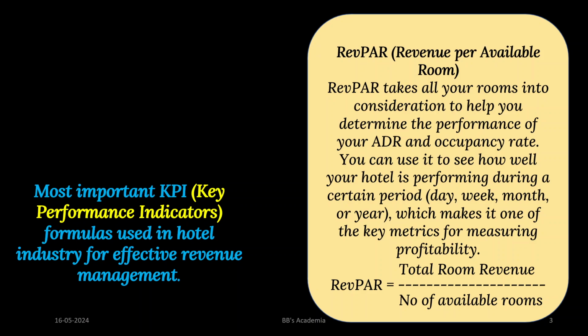RevPAR takes all your rooms into consideration to help you determine the performance of your ADR and occupancy rate. You can use it to see how well your hotel is performing during a certain period. That can be a day, week, month or year, which makes it one of the key metrics for measuring profitability.